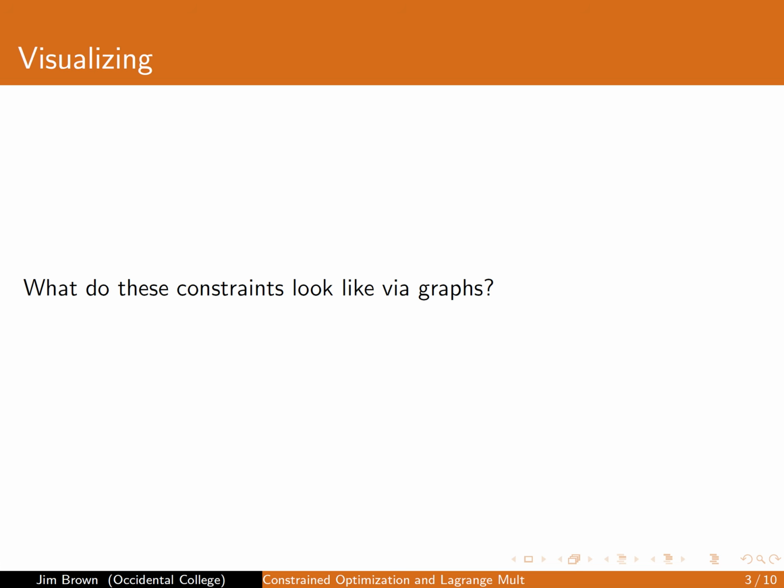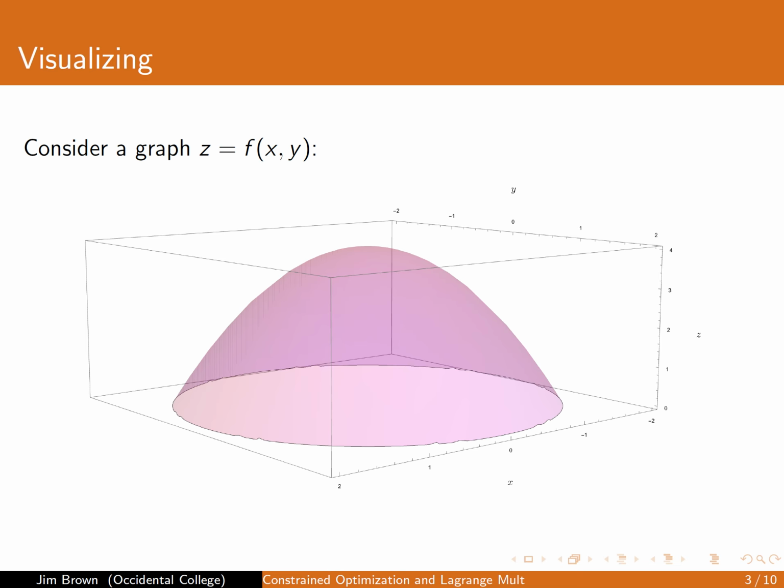So let's think about what these constraints look like when we look at the graphs of these functions. This will help us visualize what's going on. So here's a typical example of a function z is equal to f of x y, this surface here in pink. And so obviously our absolute maximum value here is up at the top.